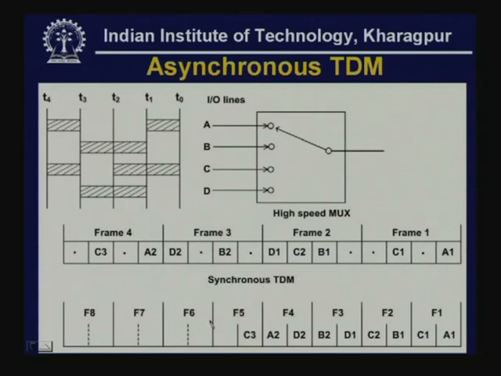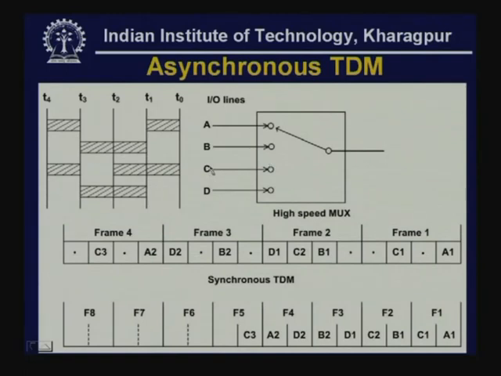Now, let us see how we can use asynchronous TDM, where we need not really follow the same sequence. For example, any data coming from any source can be sent.